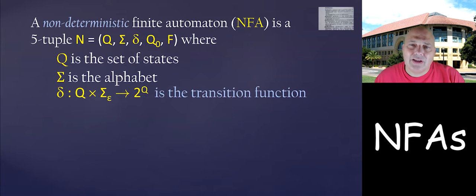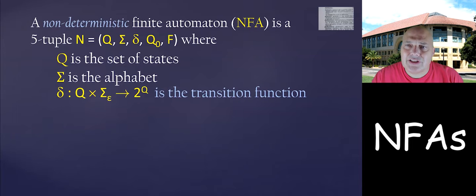Delta, the transition function, now takes the current state and sigma epsilon, which means sigma augmented with epsilon, meaning that you can take a step with any symbol, but also with the empty string.